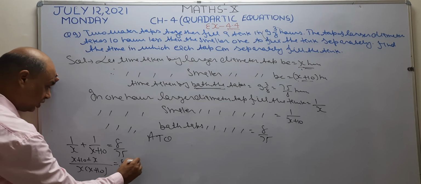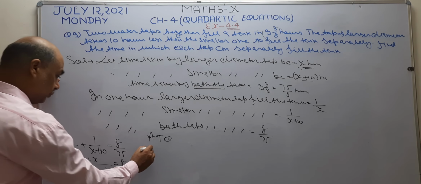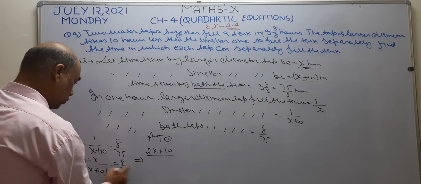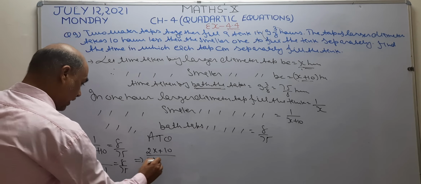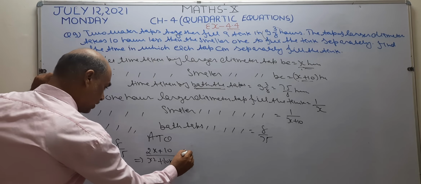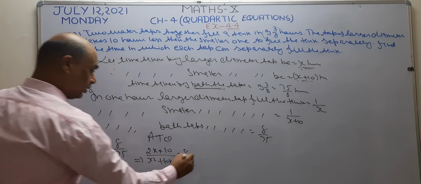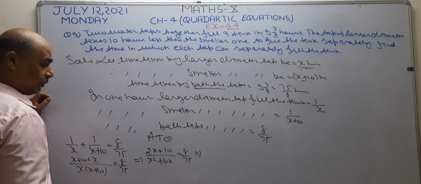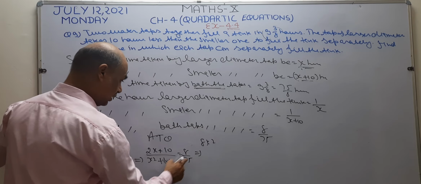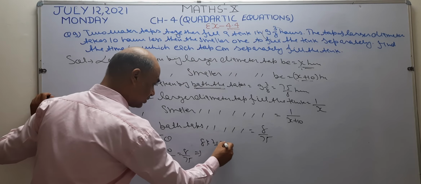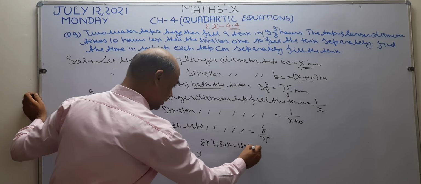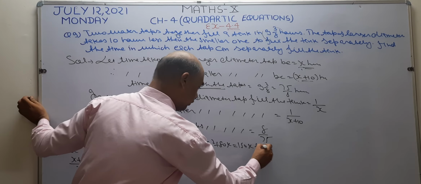This implies x plus x becomes 2x plus 10 upon x into x, x square, and 10 into x becomes 10x, equal to what is given, 8 by 75. So I want to take the cross multiplication. So 8 into x square becomes 8x square, 8 into 10 becomes 80x, equal to 75 into 2 becomes 150x, and 75 into 10 becomes 750.